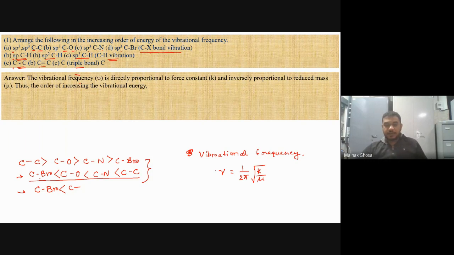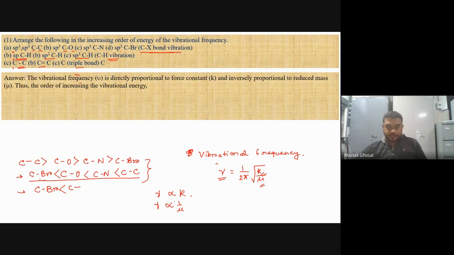So this 1 by 2 pi is constant. So it depends upon two factors, one is k and one is mu. So nu is proportional to root k, and nu is proportional to 1 by root mu.